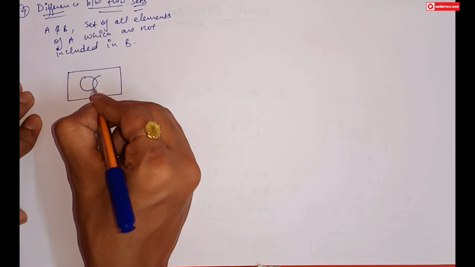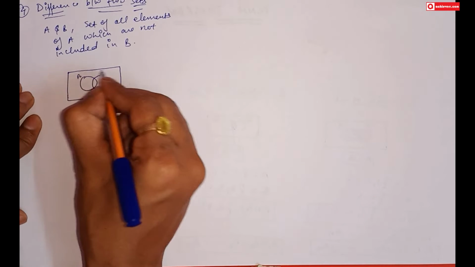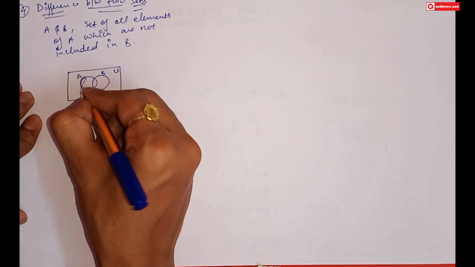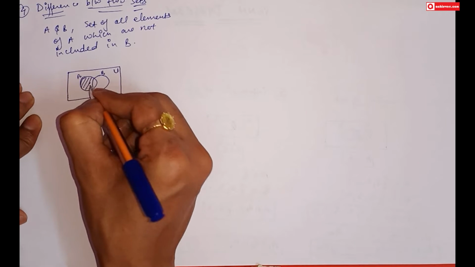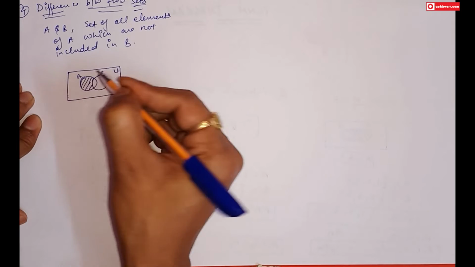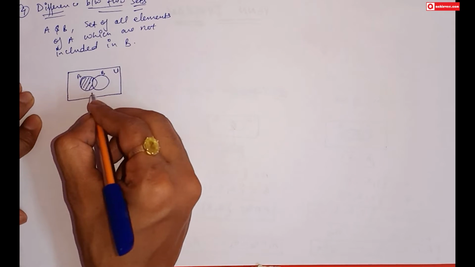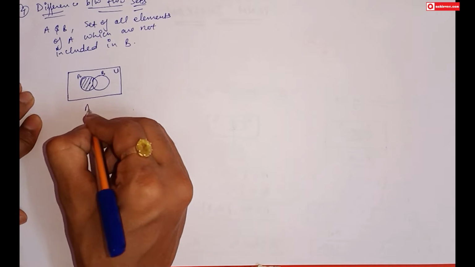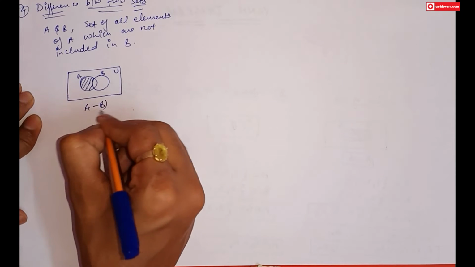This is set A, this is set B. So this portion, set of all elements of A which are not included in B. So this intersection part will not be included in difference, and this is denoted as A minus B.